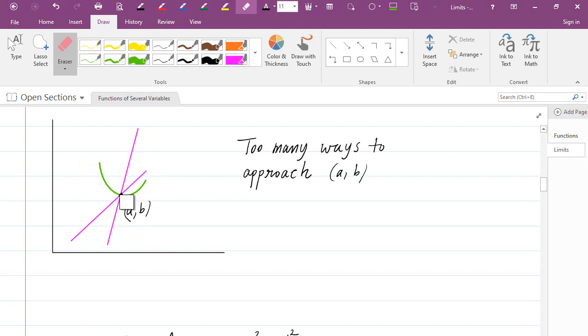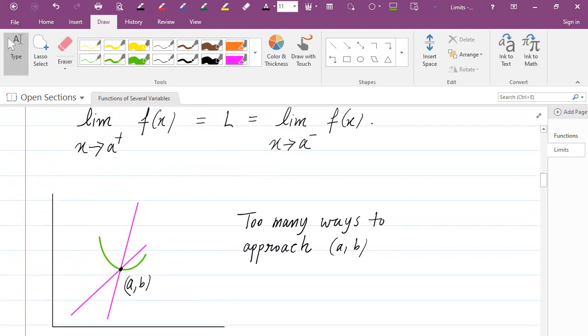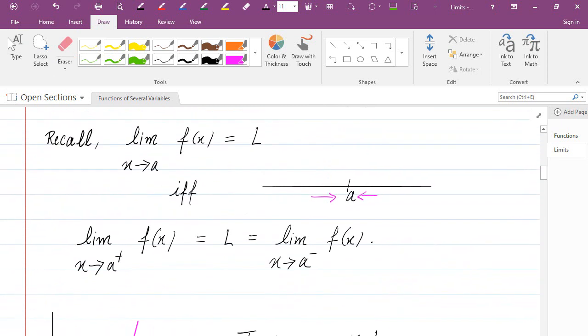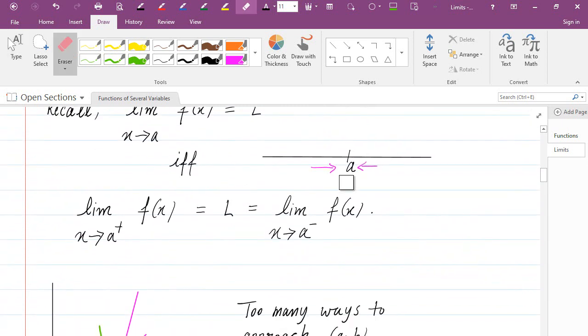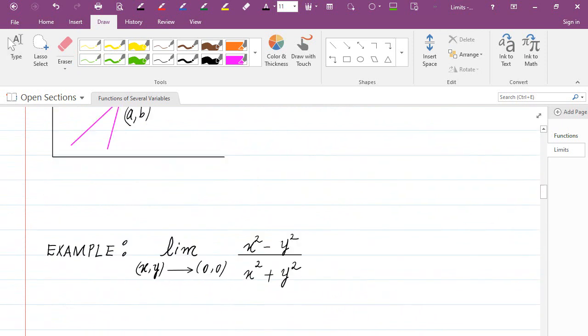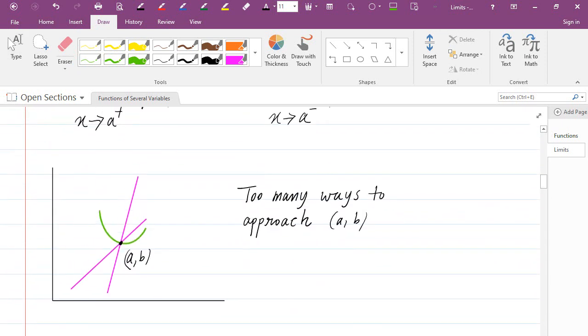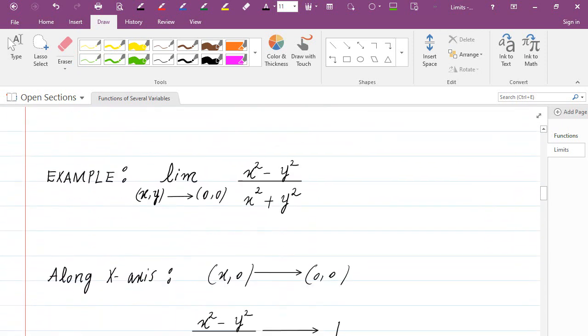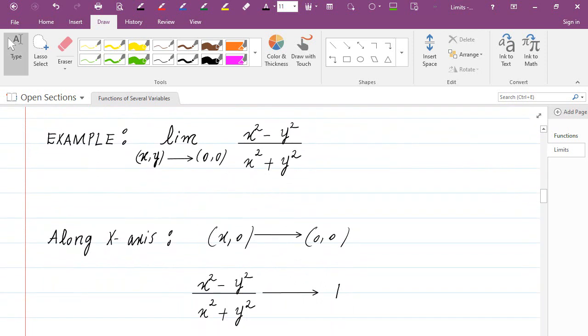So there are many ways you can approach a point in the plane, whereas in the case of a function of one variable, you can approach a only from just these two directions. So the limit of a function of two variables is a bit more complicated than the limit of a function of one variable. Let's look at some examples.